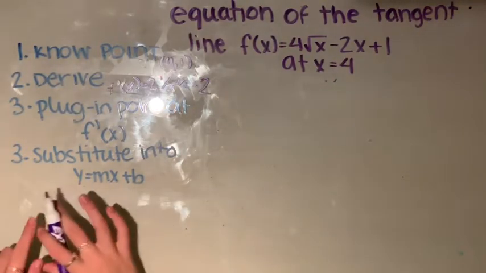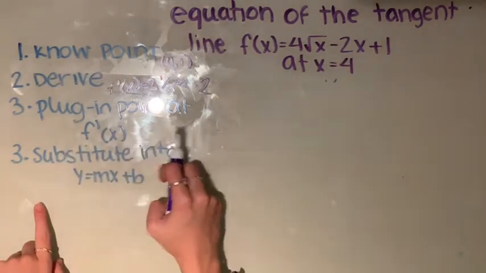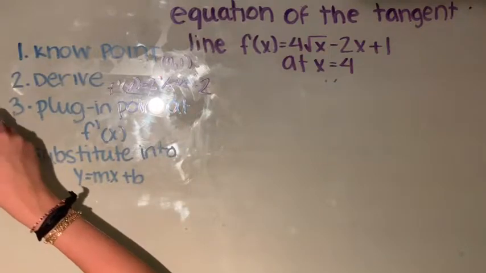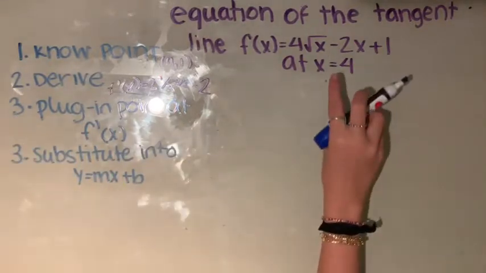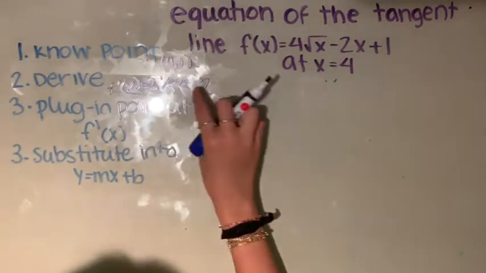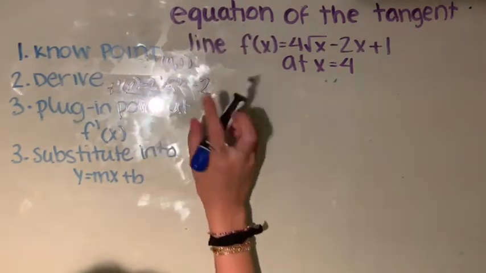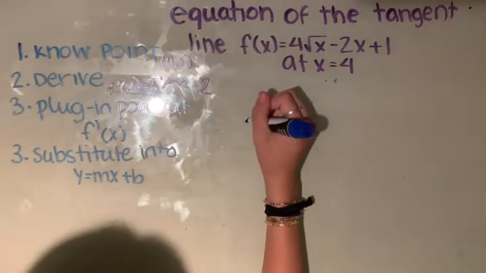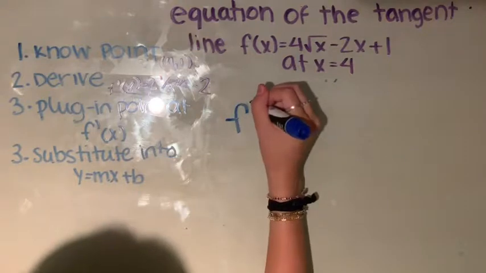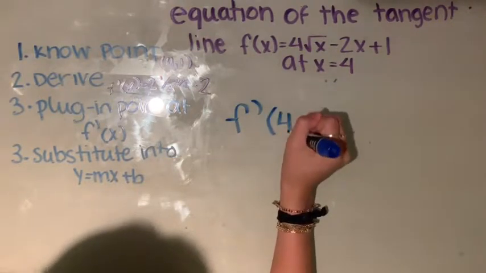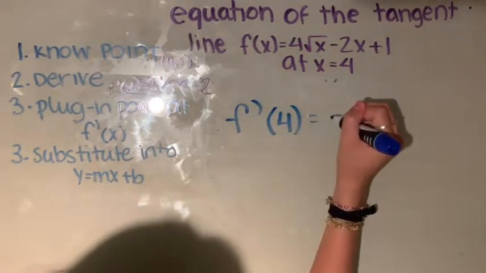Now we're going to plug in our point at f prime of x. So we have our derived equation, f prime of x. So we're going to plug in f prime of 4.